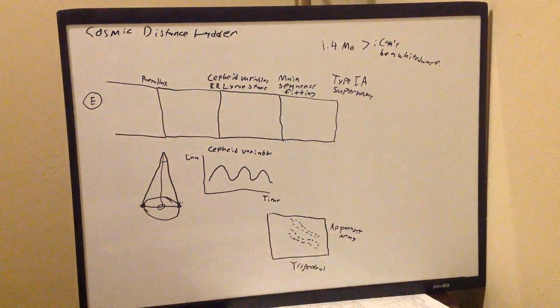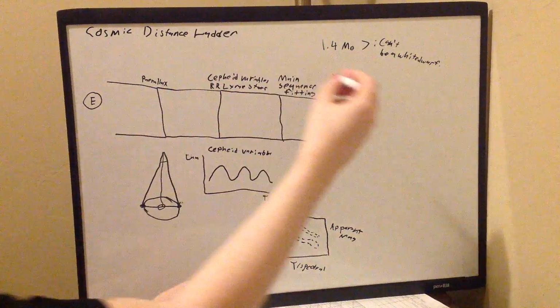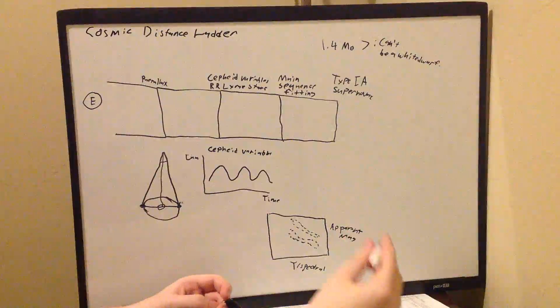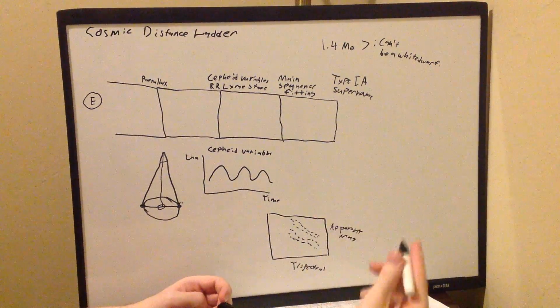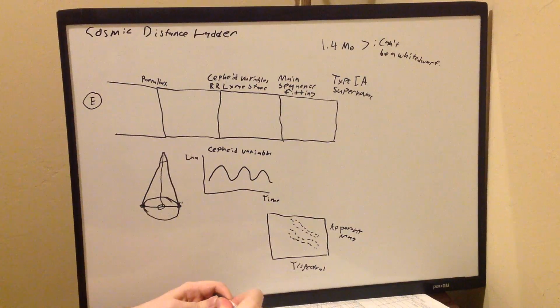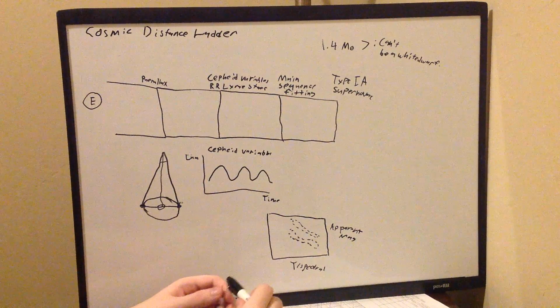It's just one star in those other galaxies, but it's bright enough that we can clearly see it all the way here from a different galaxy. It's wild. And because we know exactly how bright it should be, again, we can compare it to how bright it appears to be, and use the difference to calculate how far away it is, how far away the galaxy it's in is. Pretty cool.